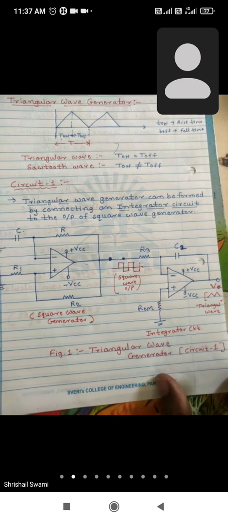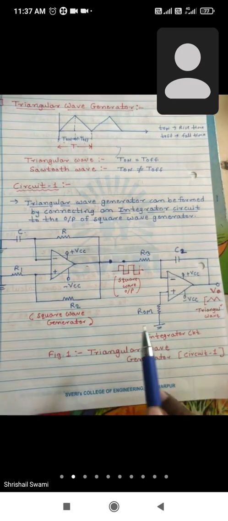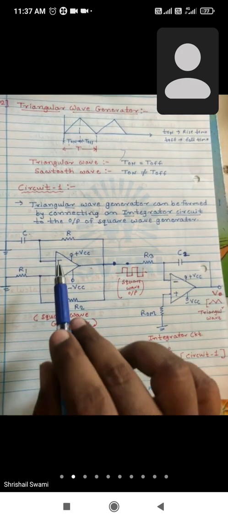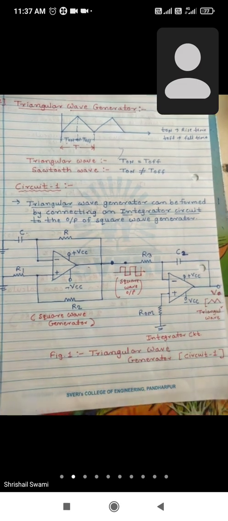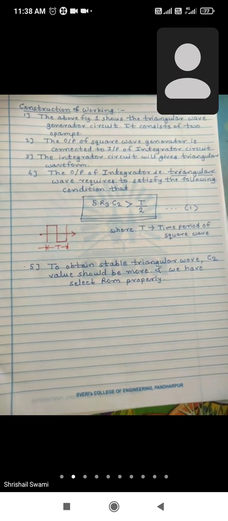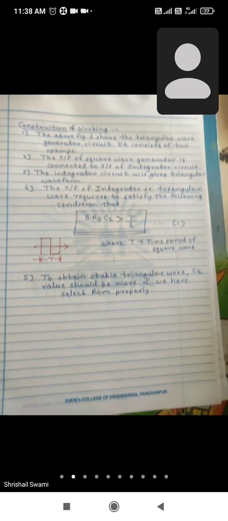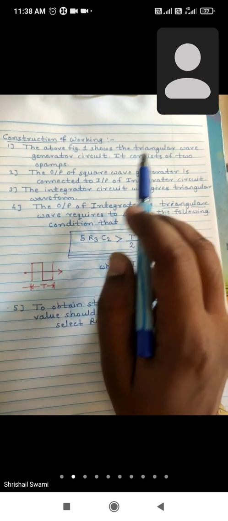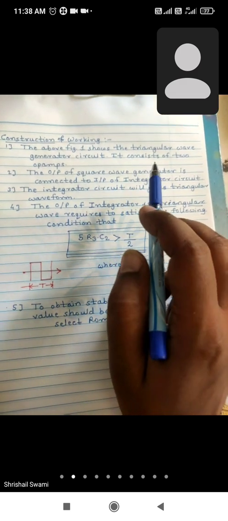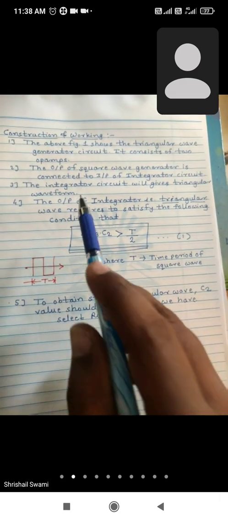In the previous lecture we understood the working of this triangular waveform generator, and after that we saw the waveforms and equations, the construction and working. The above figure shows the triangular waveform generator circuit. It consists of two op amps, which we have already discussed.